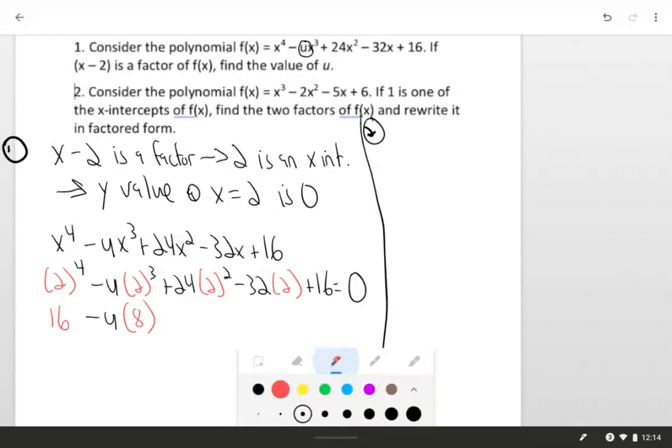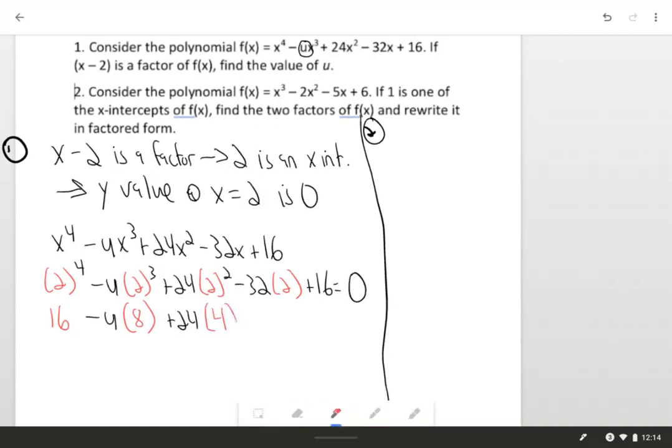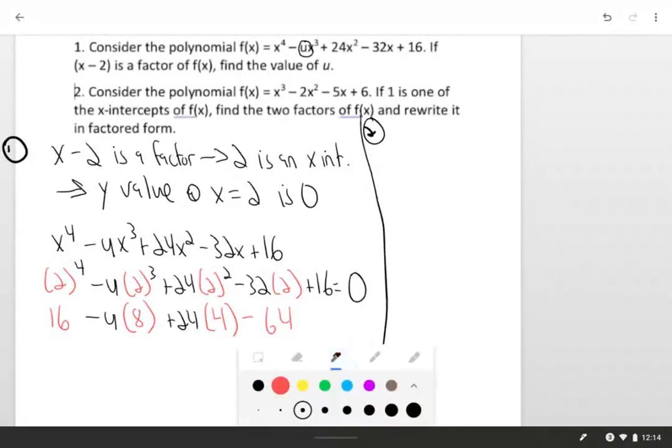Plus 24 times 2 squared, which is 4, minus 32 times 2. 32 times 2 is 64, plus 16.